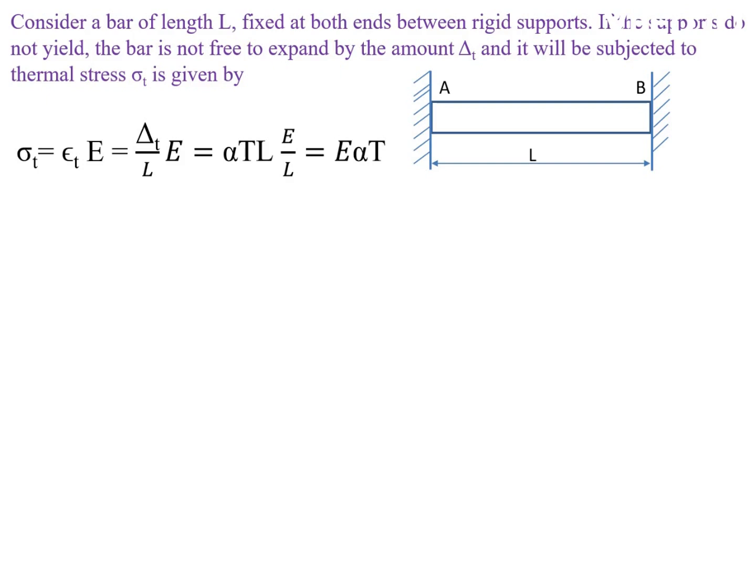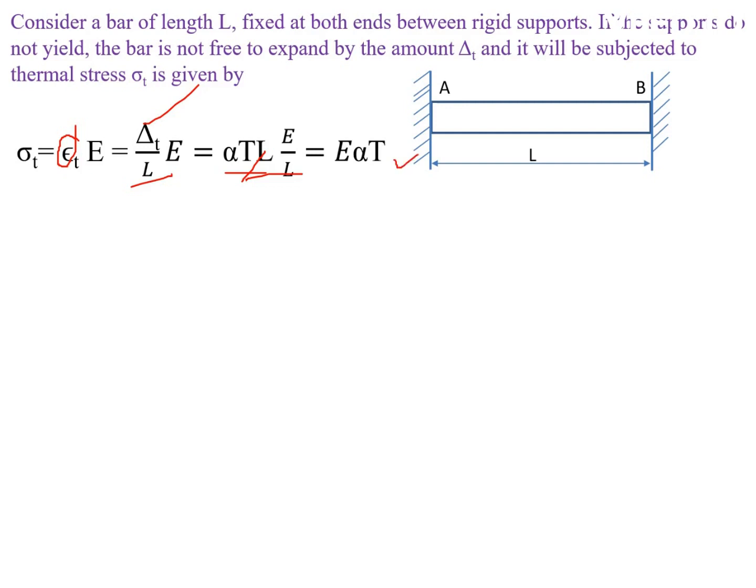So the deformation here is delta T, and the thermal strain epsilon T equals delta T divided by L. So the thermal stress sigma T equals delta T divided by L into E. Previously we already discussed the thermal strain epsilon T, which is alpha T L divided by L. So the thermal stress equals alpha T L divided by L into E. L will cancel, so here the thermal stress sigma T equals E alpha capital T. So this is the second formula. We have to remember that one.